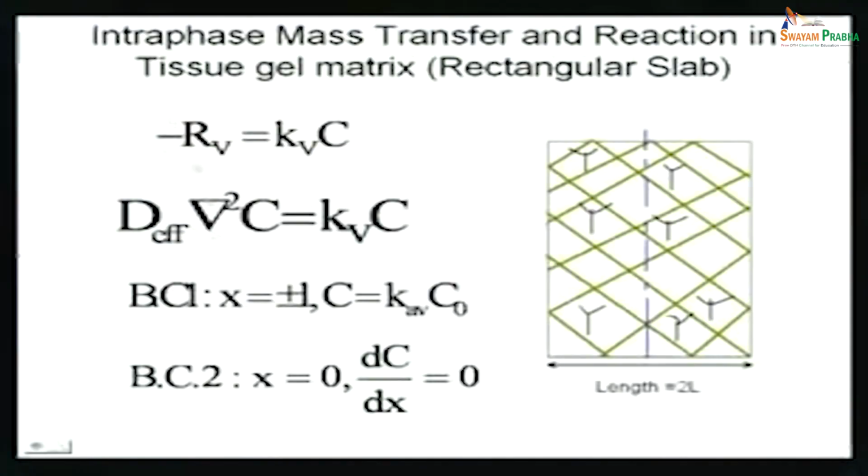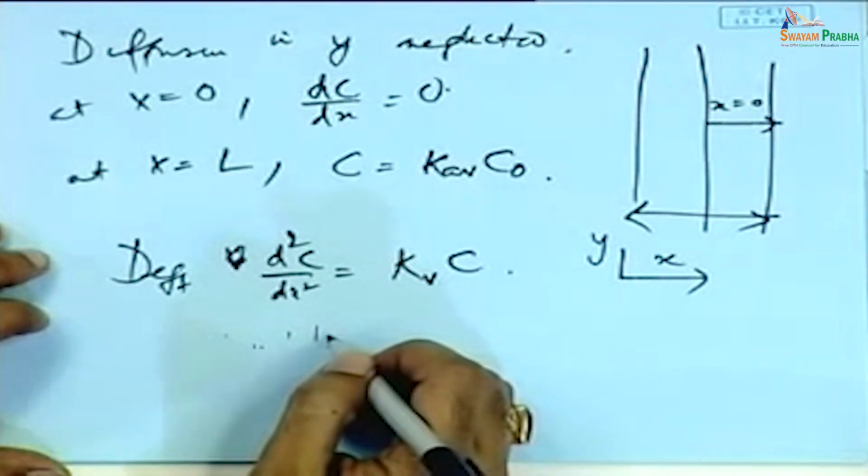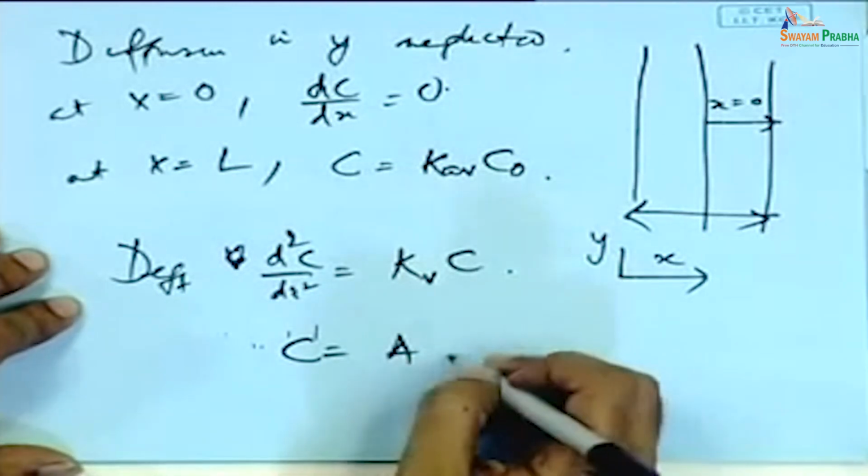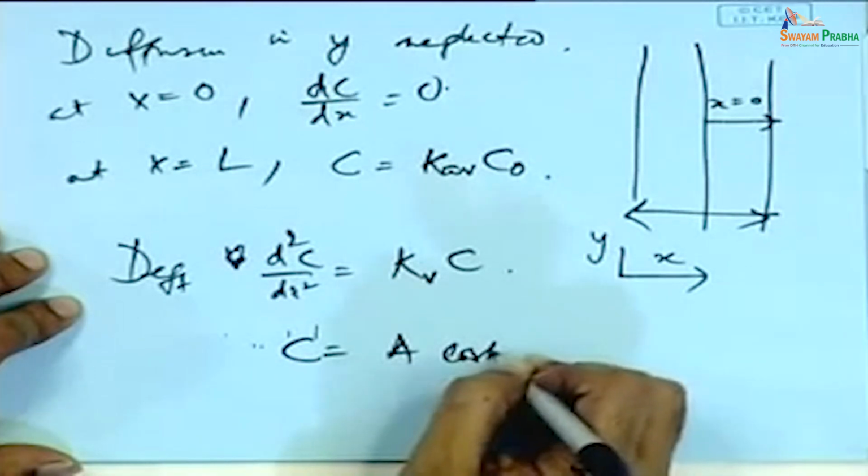No. Whenever you write a solution, the first thing you have to figure out is whether it's physically meaningful. So the physically meaningful solution would be exponential, and you've forgotten how to do these things, which is strange. So the solution would be C equals A cosh.